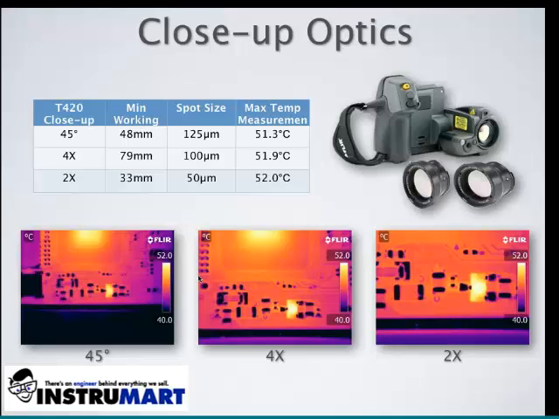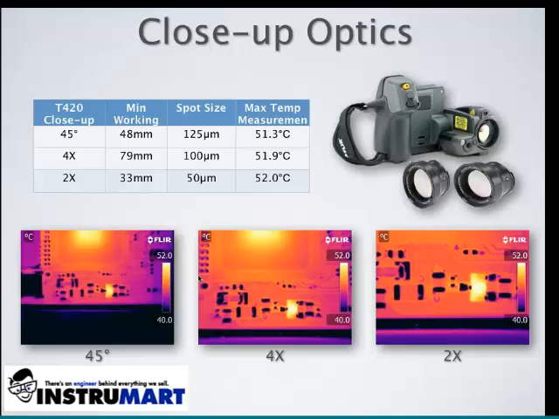So for example, with the 4X lens, my minimum working distance is 79 millimeters, and my spot size becomes 100 micron. With the 2X lens, my minimum working distance becomes 33 millimeters, and my spot size becomes 50 micron.